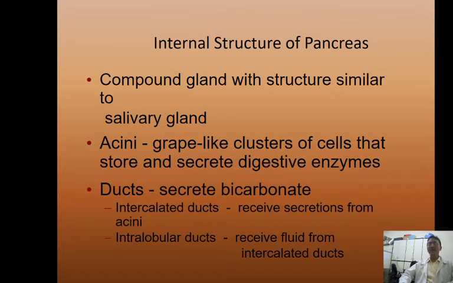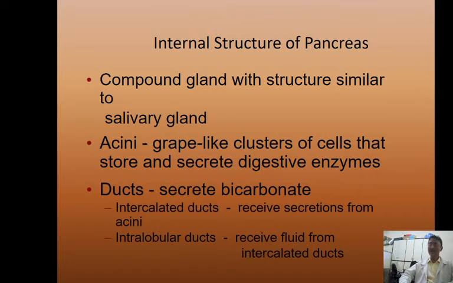These two different structures which form the main basis of the pancreas have two exclusive functions. The acini are responsible for the secretion of digestive enzymes, whereas the ducts are responsible for secreting bicarbonate only.